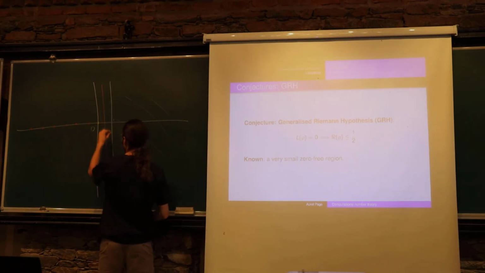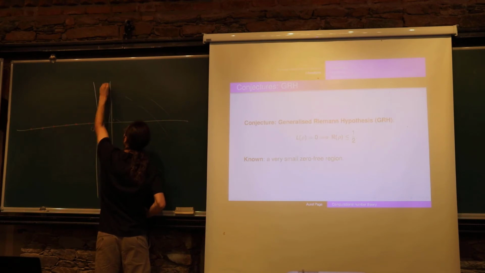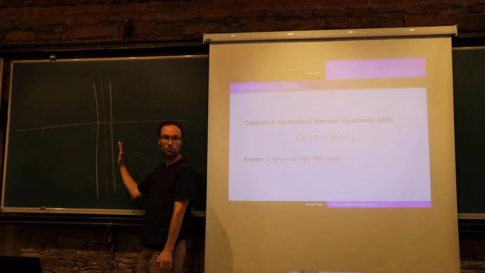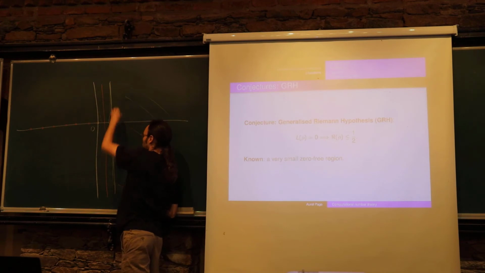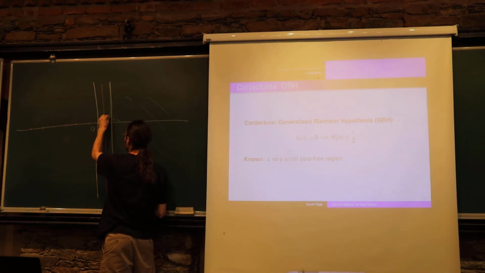is that there can't be any zeros in some very thin region that basically looks like this. Something that gets really close to the one line. I mean, it does a little bump here, but then it gets really close to the one line here. And what we know is that there cannot be zeros there.